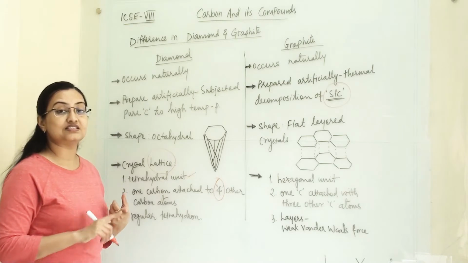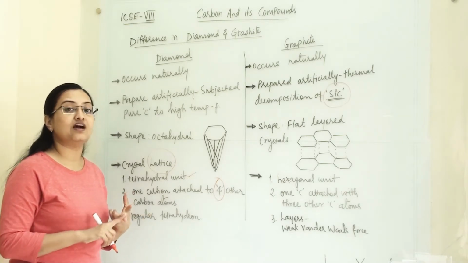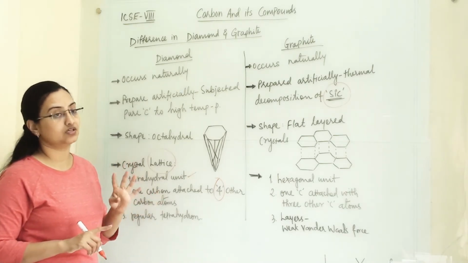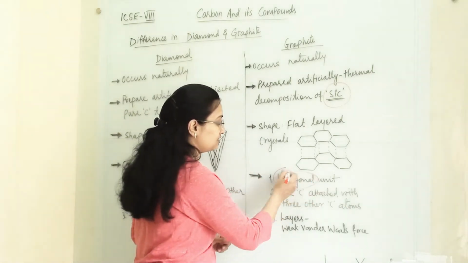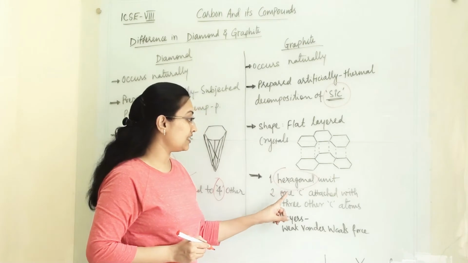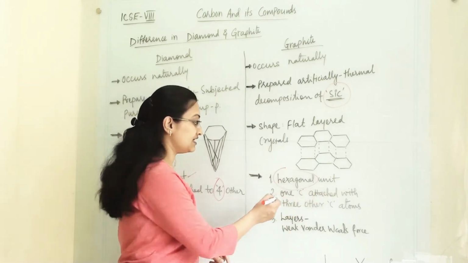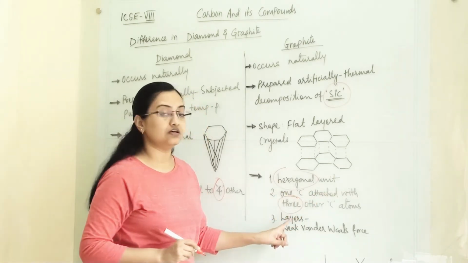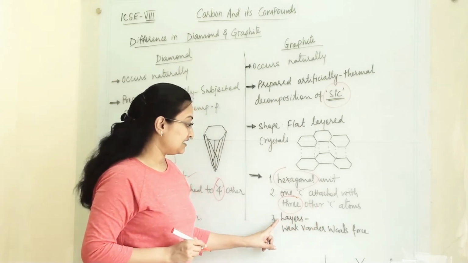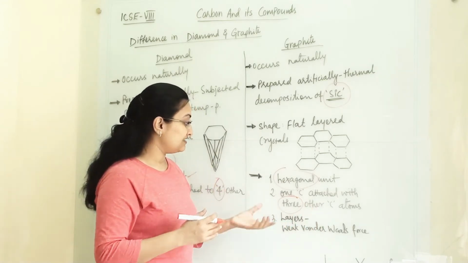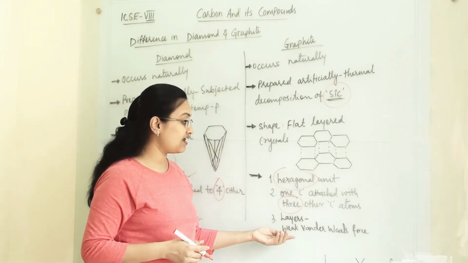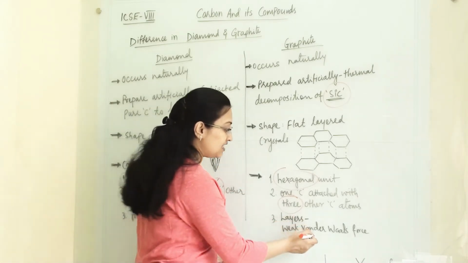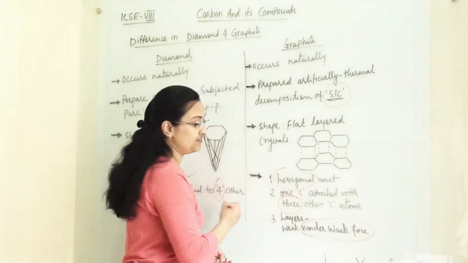Whereas graphite is a hexagonal unit, and here one carbon is attached with three other carbon atoms. It is a layer structure, and the layers are placed one above the other, held together by weak van der Waals force of attraction.